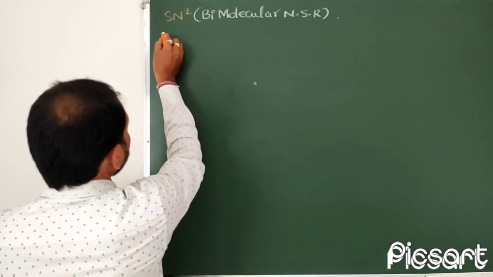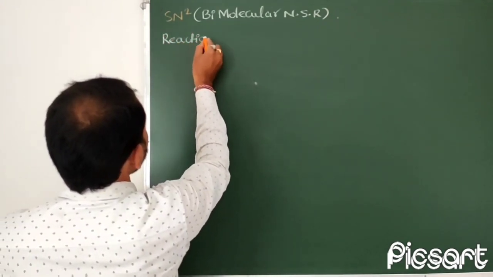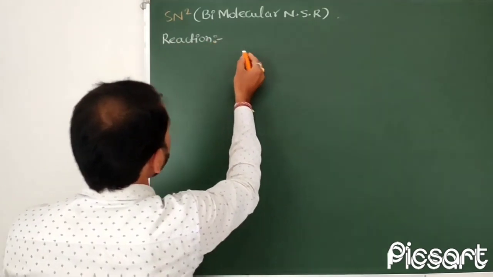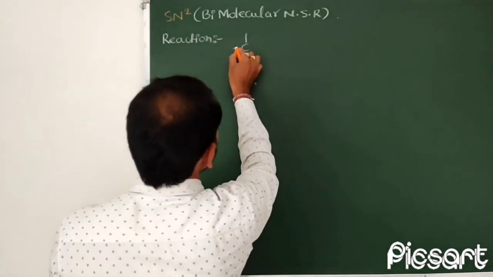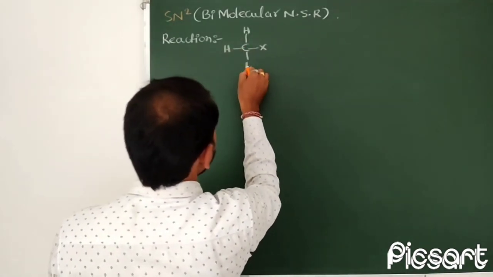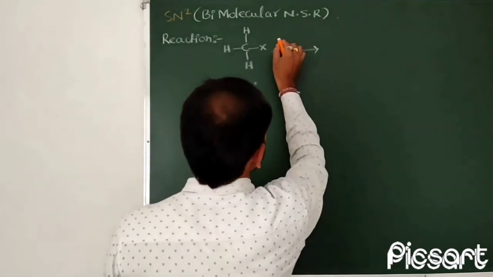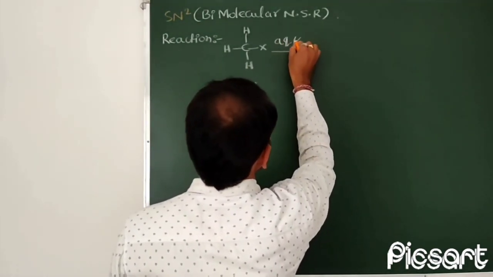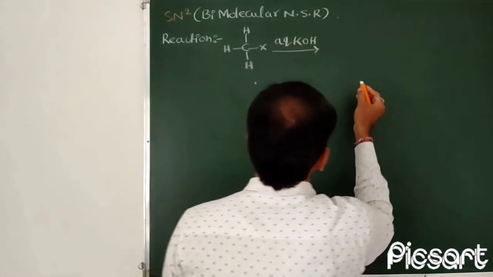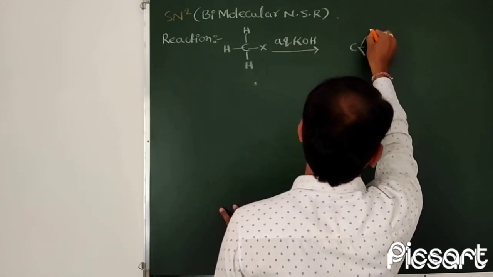So here if we take reaction, alkyl halide undergoes SN2 reaction in the presence of aqueous KOH to give alcohol.